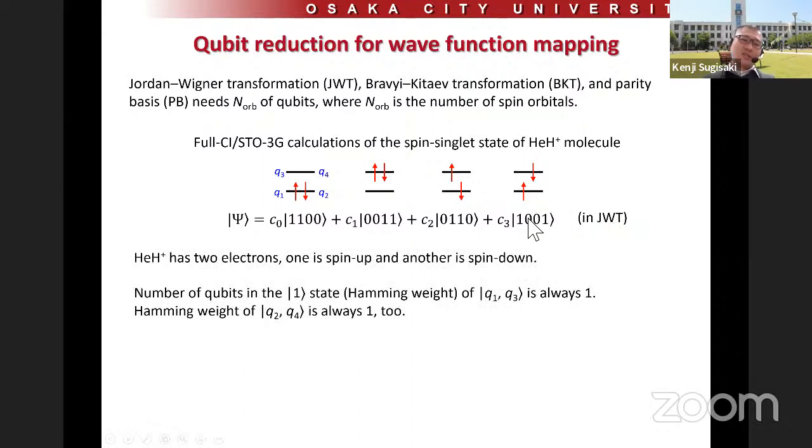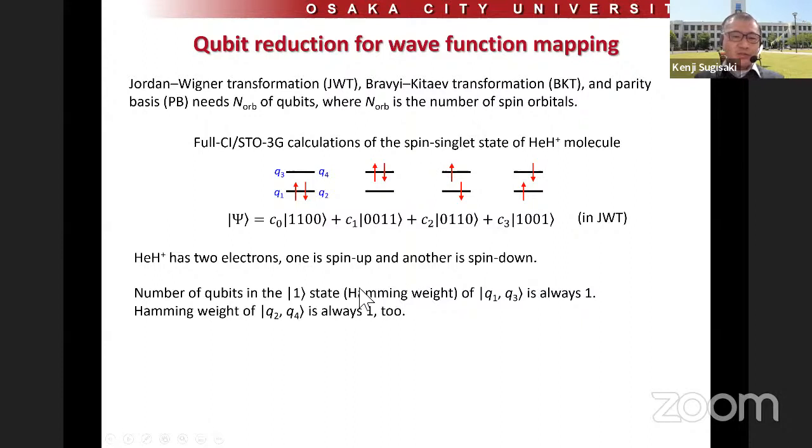As I said before, this molecule has 2 electrons, one spin up and another spin down for the spin singlet state. So it means the number of electrons in the qubits Q1 and Q3, which track the occupation number of spin alpha electrons, is always 1.